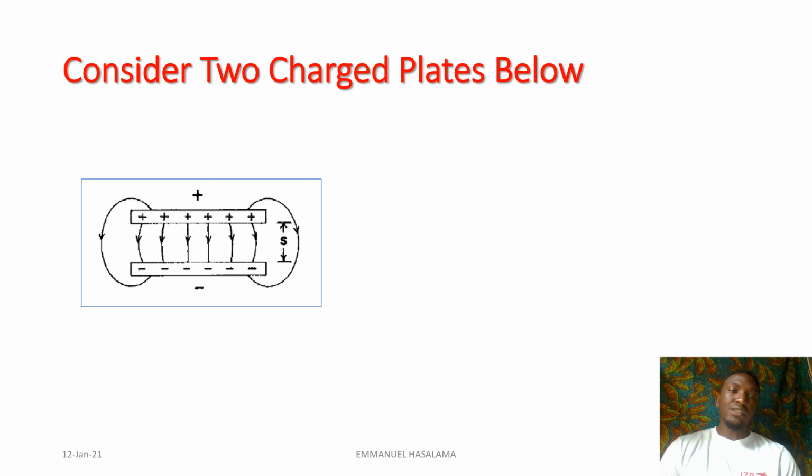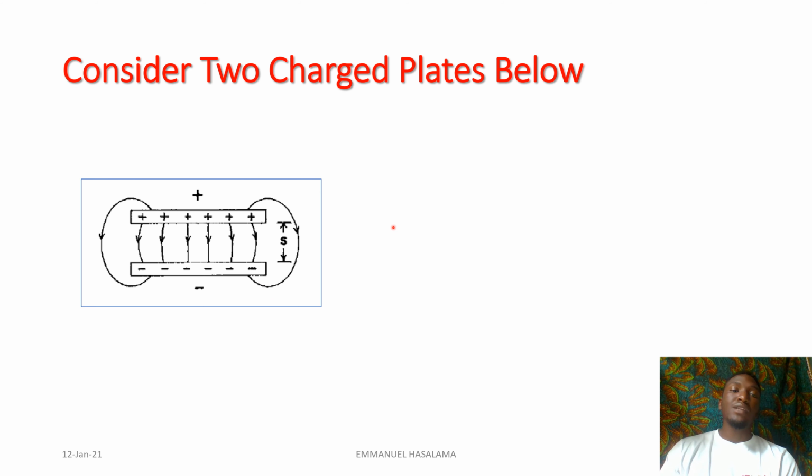So let's consider two charged plates. We have a positively charged plate on top and a negatively charged plate at the bottom. When you have a charge, there is an associated electric field. So when you have any charge, whether it be positive or negative, around it will be an electric field strength.